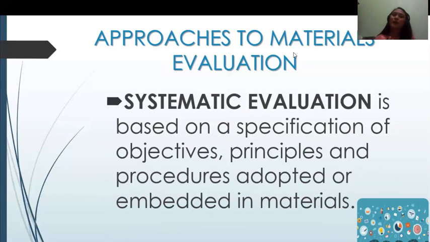Systematic evaluation somehow digs deeper into the material that you're about to use. So it looks at the specific objectives, the underlying principles, and the procedures embedded in the materials that you're about to use. So it is not on the surface level, but in the deeper sense of your material.